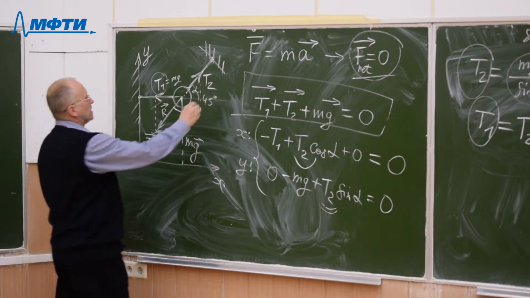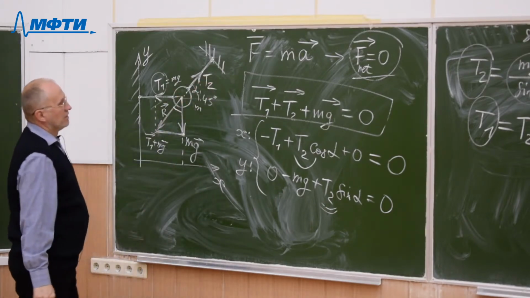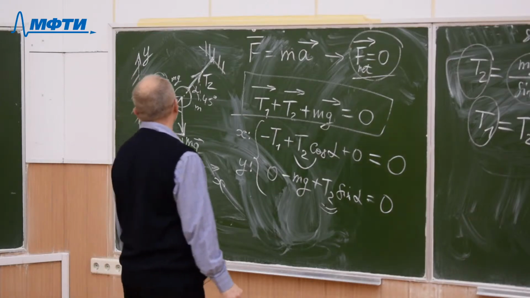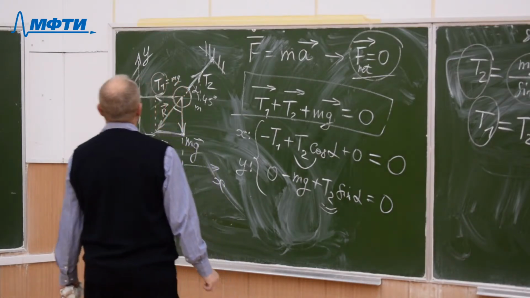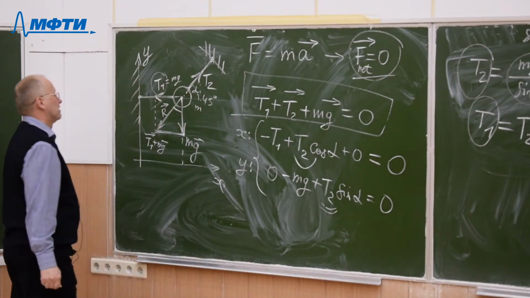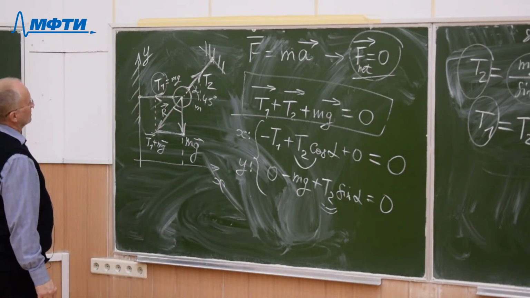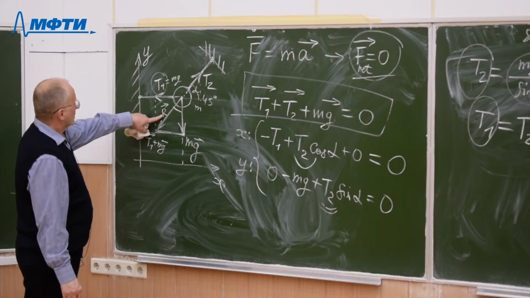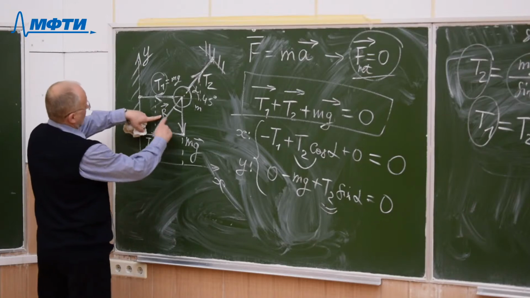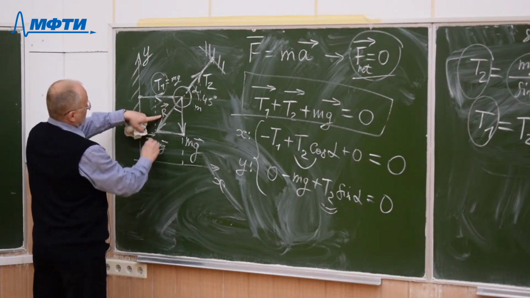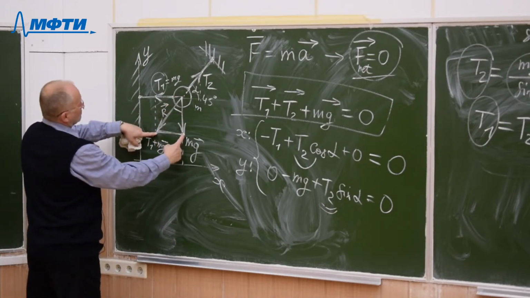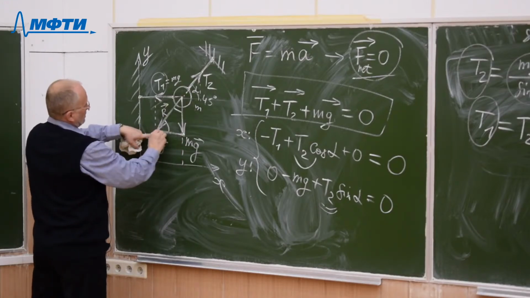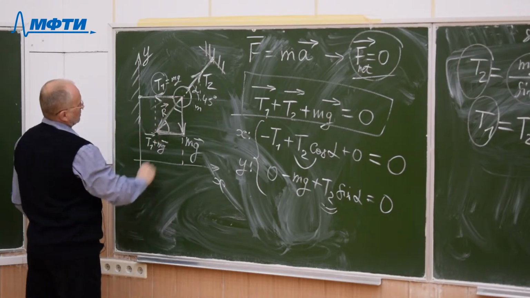And so tension T2 must be the same as R. T2 must be equal to R. And vector R is larger than the leg T1, larger because this is a leg and this is the hypotenuse.